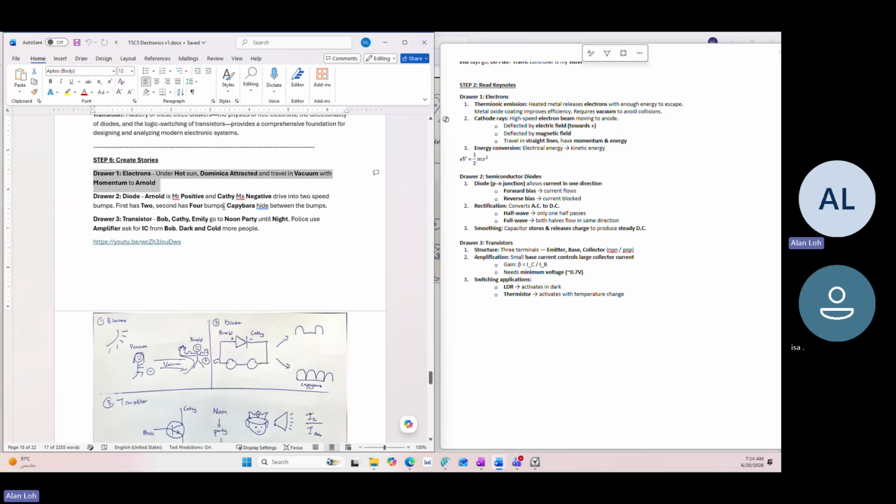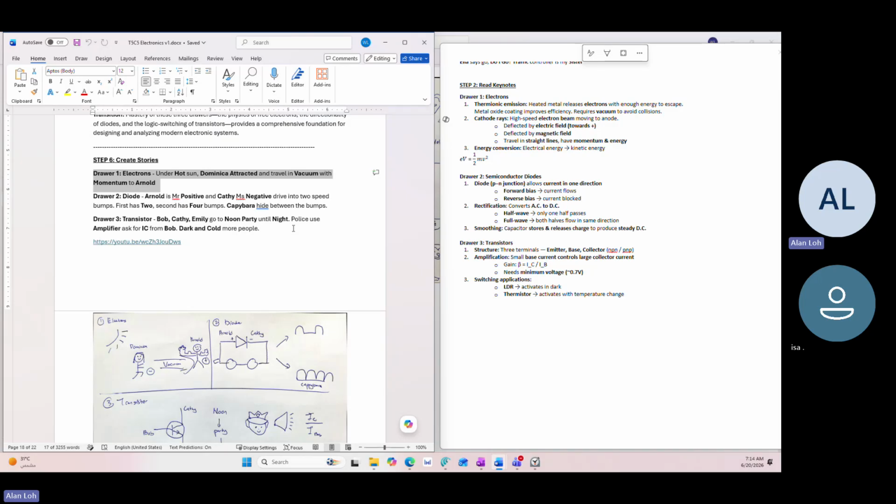Anode is Mr. Positive. Kathy is Miss Negative. They are both driving into two speed bumps.